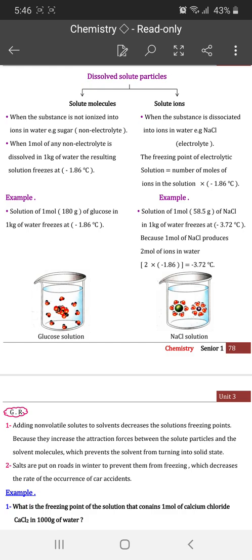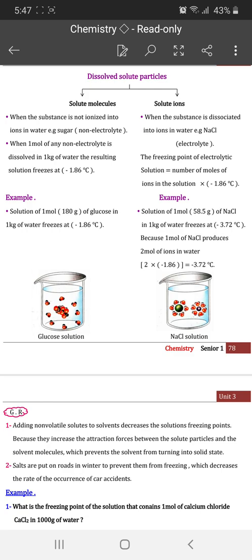And when the substance is dissociated into ions in water, for example NaCl electrolyte, the freezing point of the electrolytic solution equals the number of moles of ions times negative 1.86 Celsius.